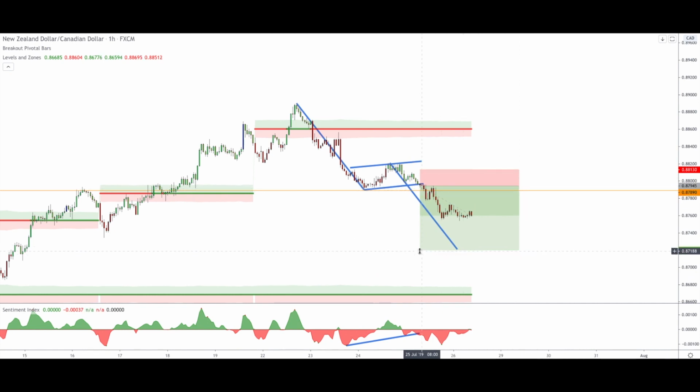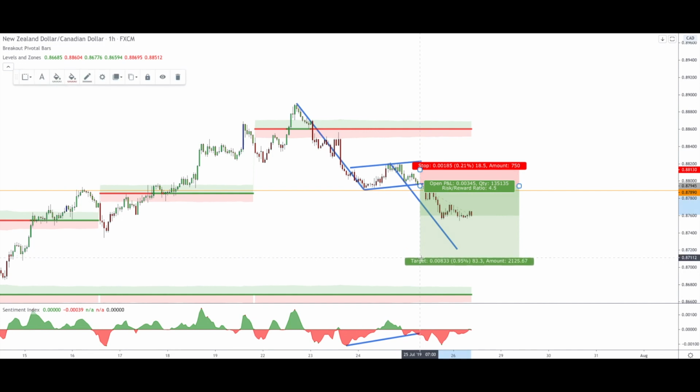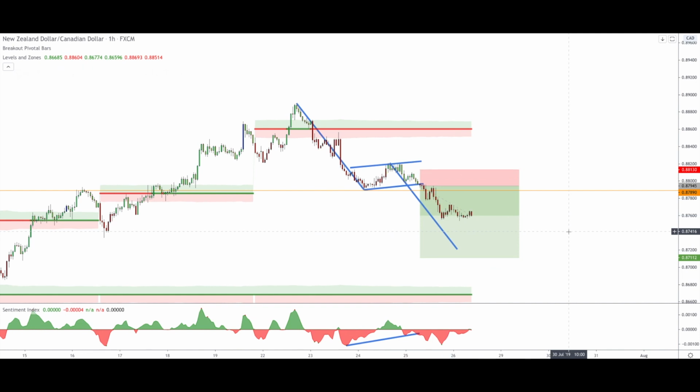And I also moved the target a little bit down just to increase my expected return, to 4.5. This is something I don't always do. Most of the times I don't, because when I start with an analysis, I just stick to it.